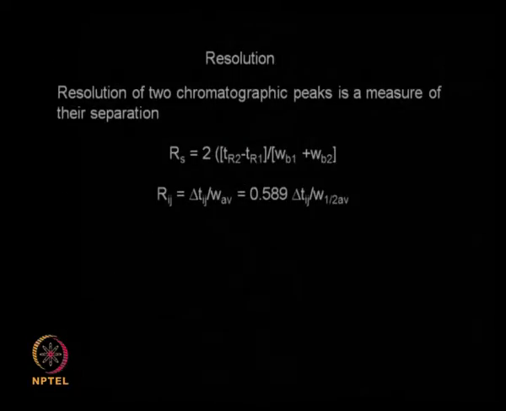Now there is another factor which is called the resolution. Resolution of two chromatographic peaks is a measure of their separation, how close those two peaks are, how far those two peaks are.